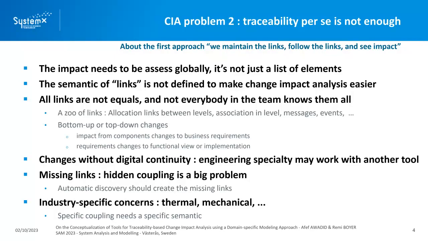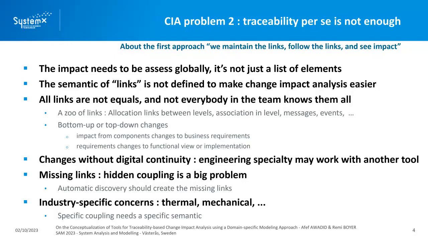So diversity of situations, and changes without digital continuity. So a lot of extraction, import, export between specialties. So missing links are a big problem because couplings are sometimes hidden.